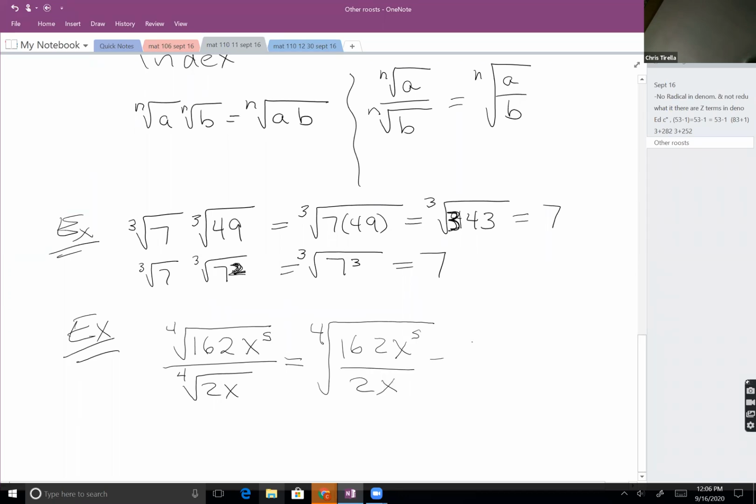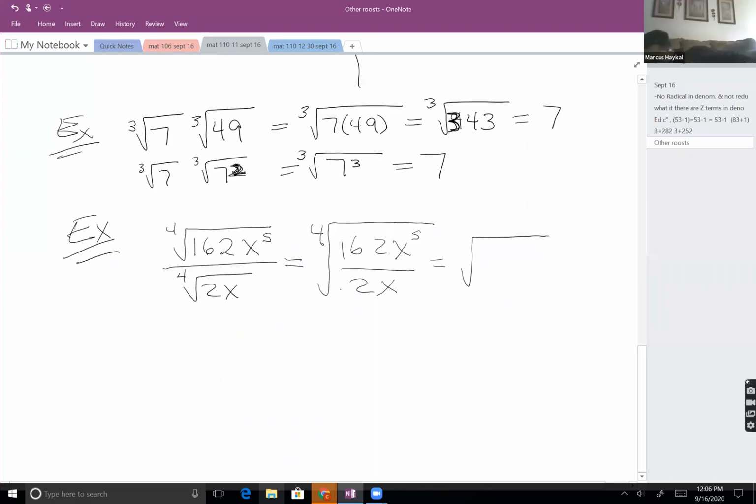Is there anybody who can simplify that fraction for me? Wouldn't it be 81 x to the 4th? And the 4th root of 81 we said is 3. And the 4th root of x to the 4th would just be x.